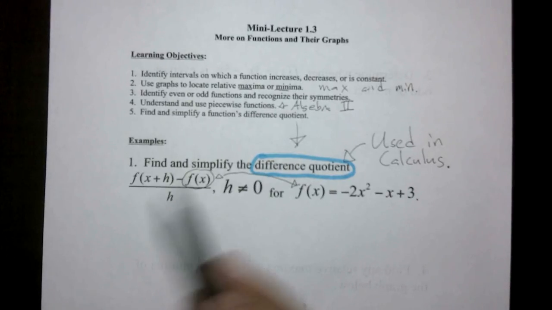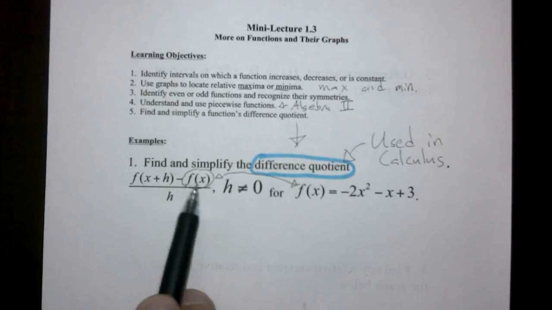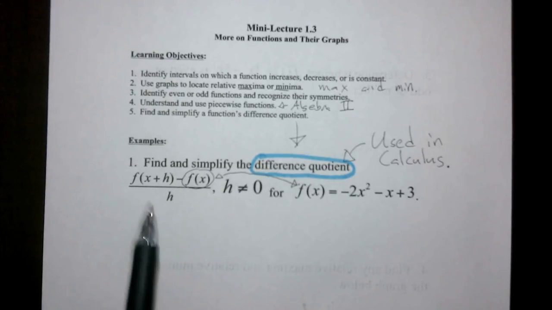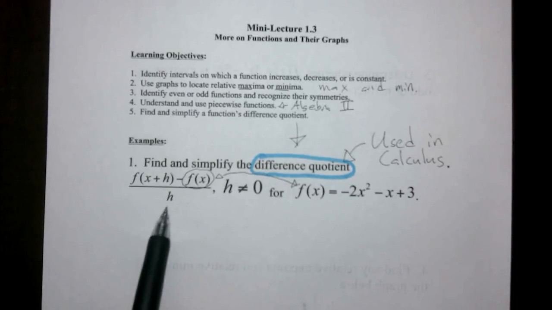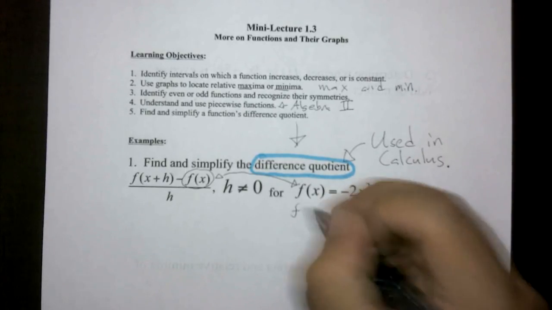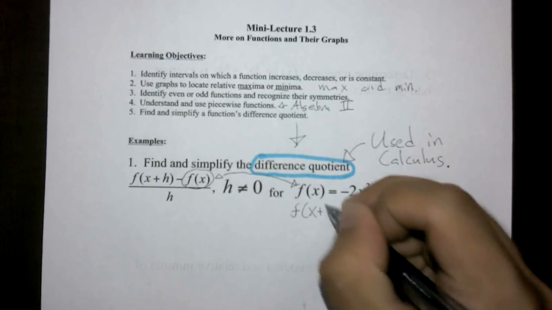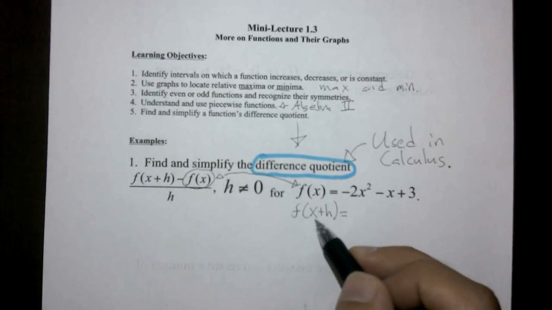So this does look intimidating at first. If you look closely, we have two things that we really need to evaluate: f of x plus h and f of x, and then eventually dividing by h. So if we take this f of x further, we might want to just practice denoting what f of x plus h is going to be.